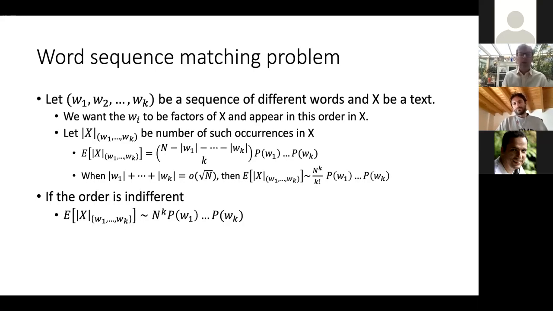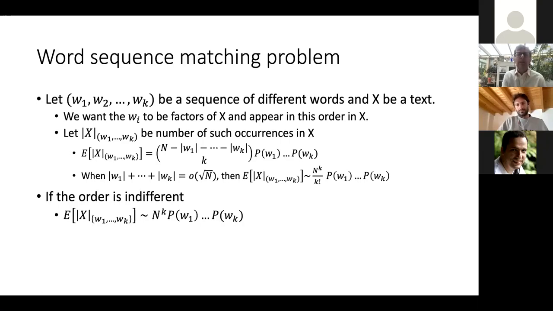The formula is basically simple to understand. You have to select K positions inside your text X, and then ask if the first position starts factor 1, the second position factor 2, the third position factor K. This is in the case you don't have overlap, otherwise it is a little more complicated.